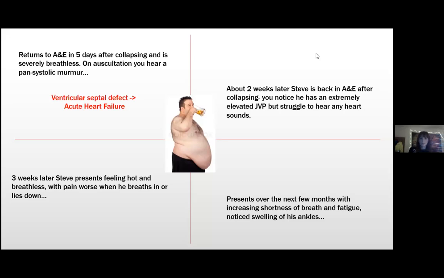So poor Steve, unfortunately, 2 weeks later, he's back in A&E after collapsing. You notice he has an extremely elevated JVP, but you struggle to hear any heart sounds. Does anyone know what this might be?